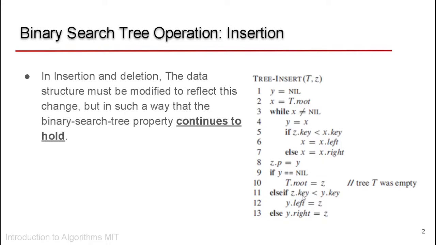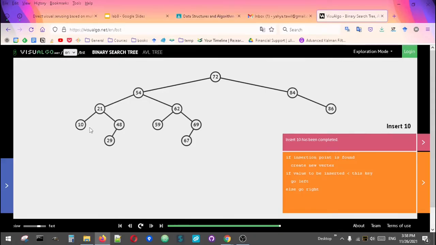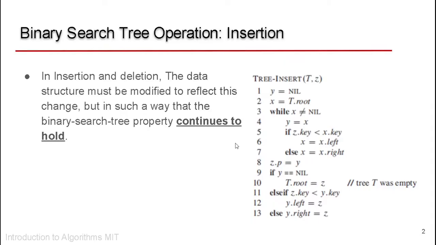Exactly, comparing the new node key with the leaf node, like here comparing 10 with 21, it's smaller, so it will be left. So this is basically the pseudocode of this insertion operation of BST. Is it clear? Yes, it's clear, sir. Okay.